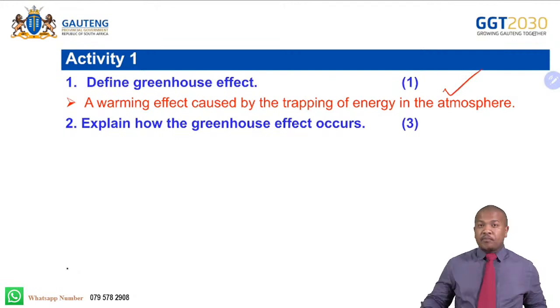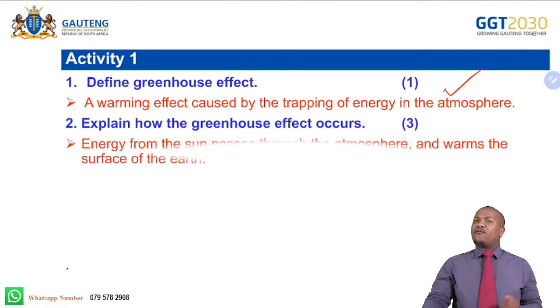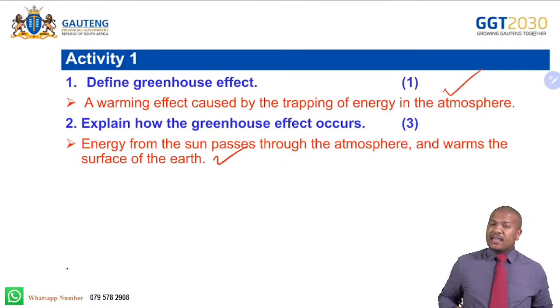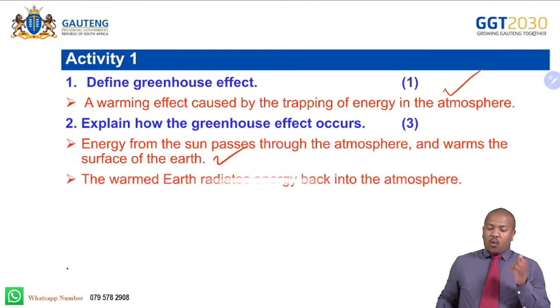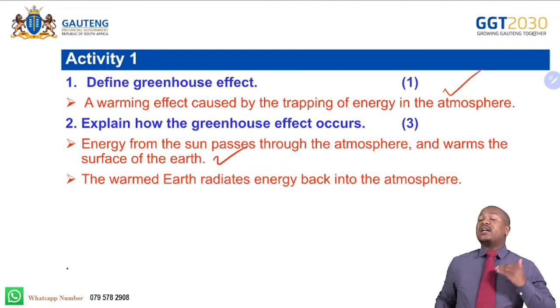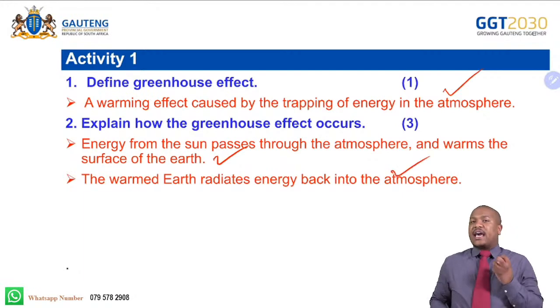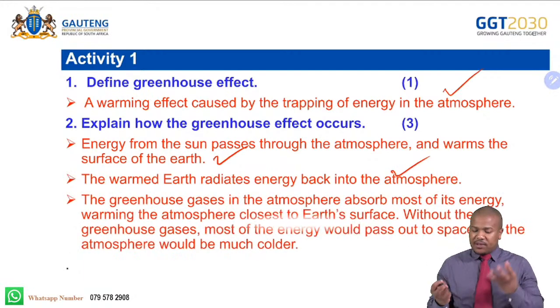Then number 2, explain how the greenhouse effect occurs. We said that firstly, the energy from the sun passes through the atmosphere and warms the surface of the earth. Then secondly, the warmed earth radiates the energy back into the atmosphere. And the gases trap this warm air.